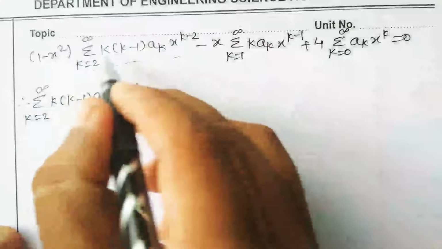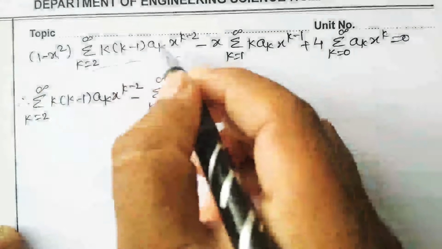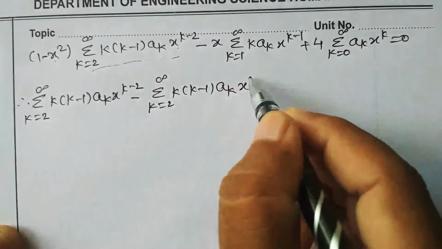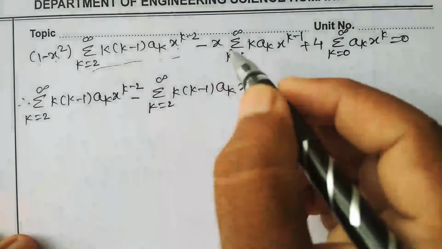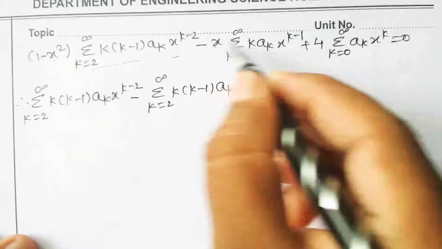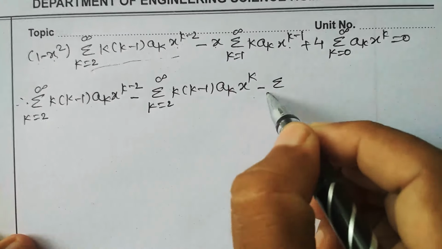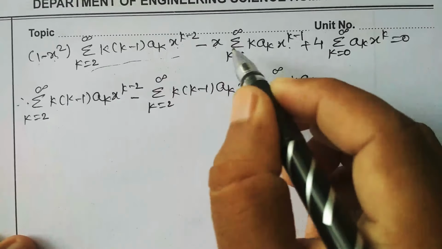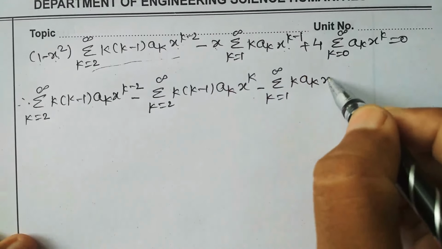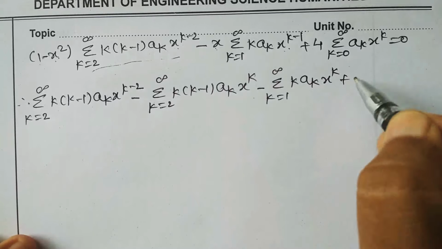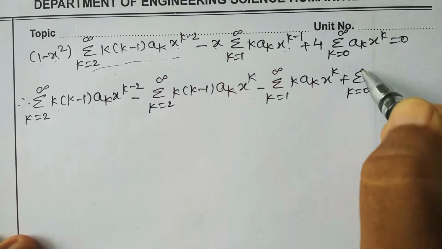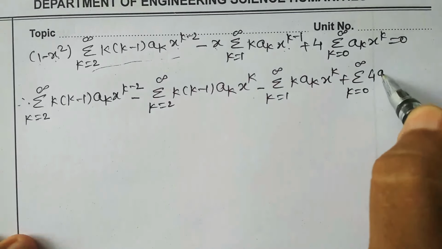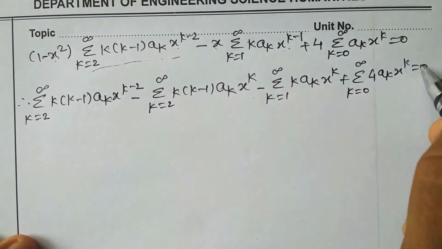That means summation k varies from 2 to infinity k into k minus 1 ak x to k. Minus, when you multiply x inside, we will get summation k varies from 1 to infinity k into ak x to k, plus summation k varies from 0 to infinity 4 times ak into x to k equals to 0.